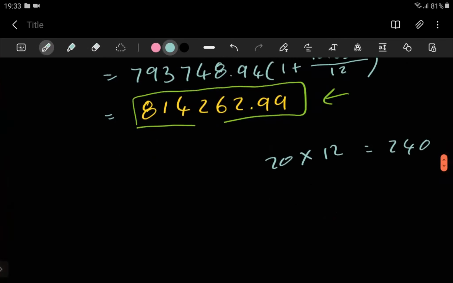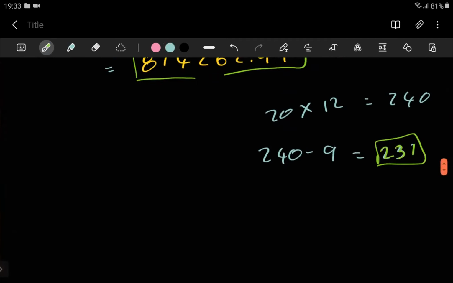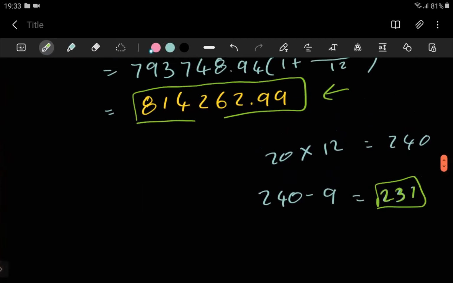The first 9 months are gone, so 240 minus 9 gives 231. That's how many months he has left until the 20 years are done.